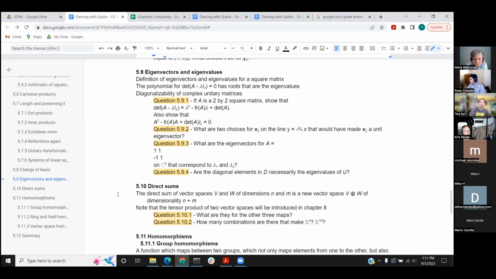And so if you change basis to the vector space where all the eigenvectors are your new basis, then in fact your matrix would wind up being just a diagonal matrix.